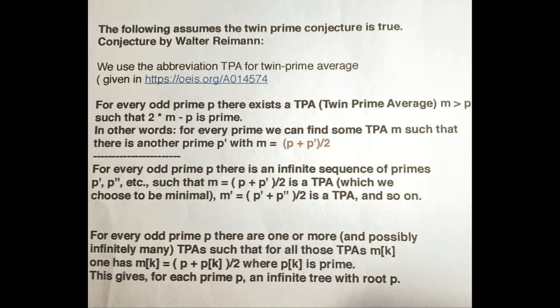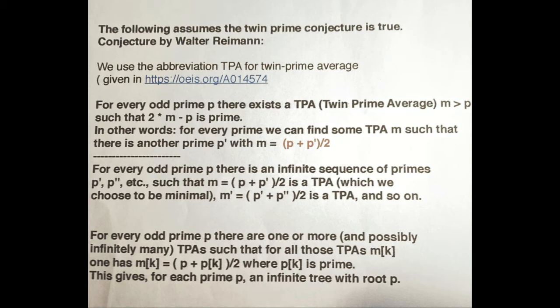For every odd prime P, there is an infinite sequence of primes, P1, P2, etc., such that M1 equals (P plus P1) divided by 2 is a TPA, which we choose to be minimal, M2 is (P1 plus P2) divided by 2 is a TPA, and so on.